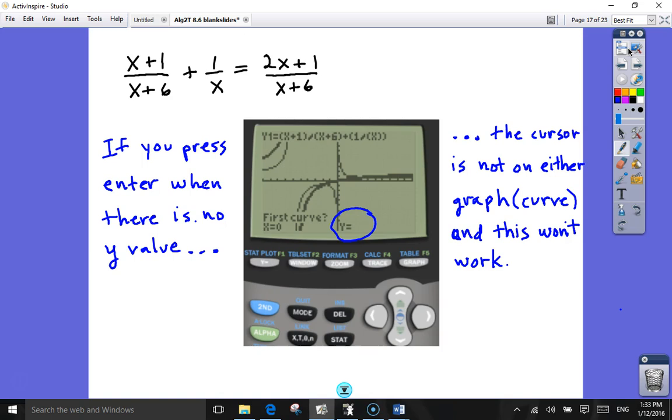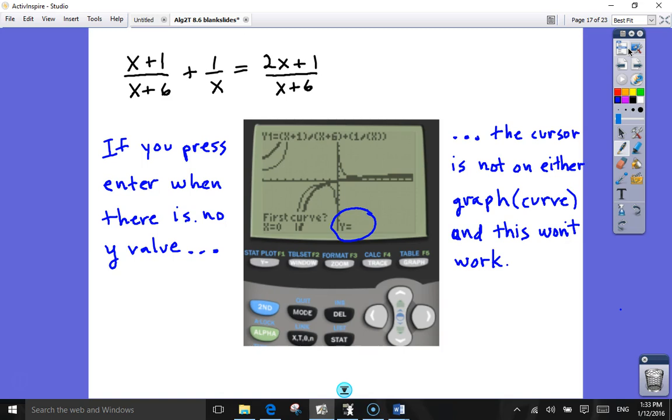And it should say first curve, and it should be that the y is blank. Is that what you got? Okay. So at this point, if you try to hit enter, it can't do anything because it's not on a graph yet. Because that's blank, it's not on a graph.